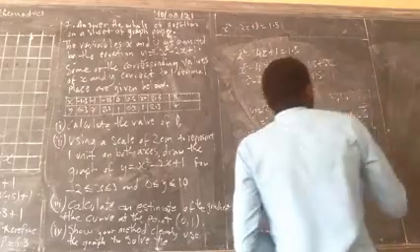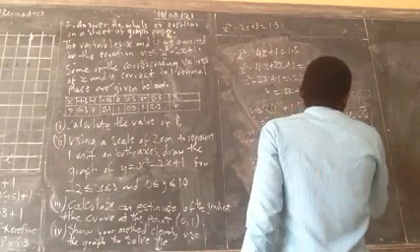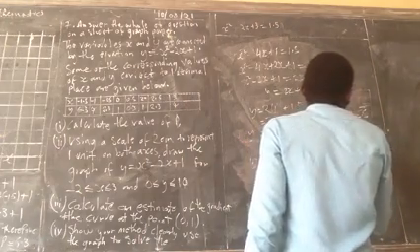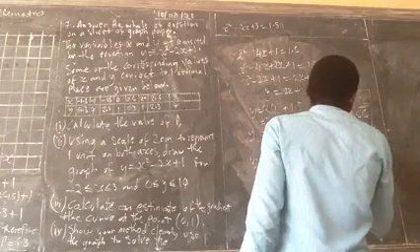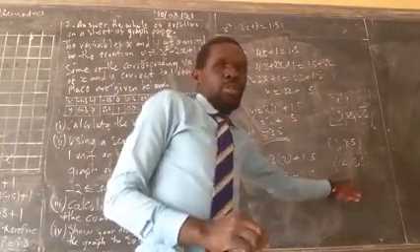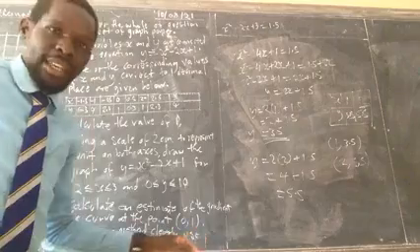So I just plot these points. The first point is 1, 3.5. The second point is 2, 5.5. Once I put these 2 points there, I join them with a straight line.